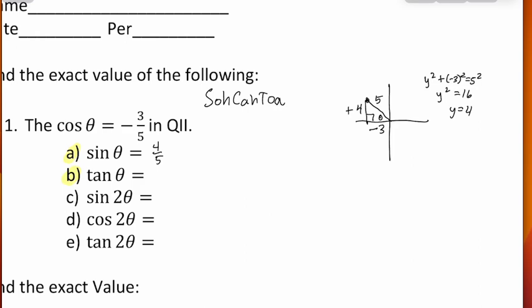The tangent would be either sine over cosine will work, or you can do opposite over adjacent, and we get -4/3. Now, for the sine of 2 theta, the cosine of 2 theta, and the tangent of 2 theta, you must use the formulas that are up on the chalkboard to your left.